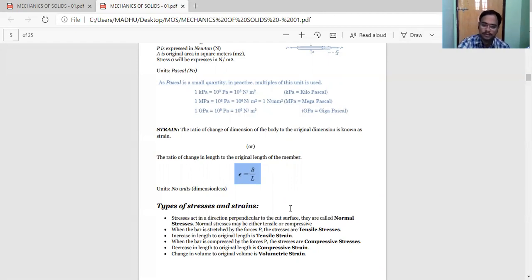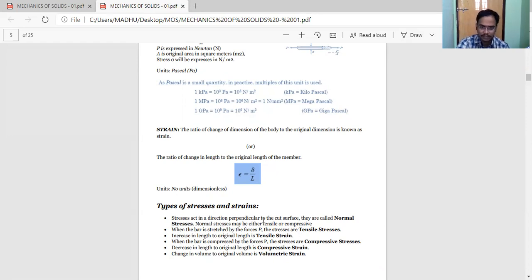So it can be a normal strain or a shear strain. Normal stress goes with normal strain, and shear stress goes with shear strain.